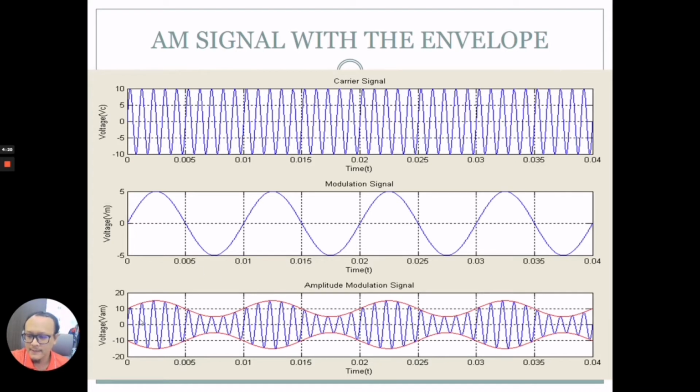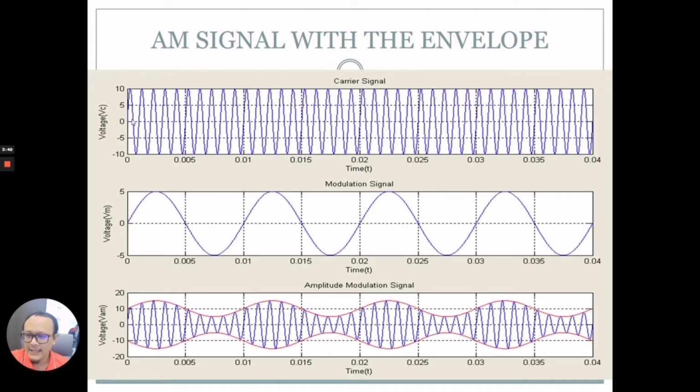The red wave here is the modulating signal, while inside of this is the carrier signal. If you compare both, the carrier signal has a higher frequency compared to the modulating signal, because one cycle of the modulating signal is very wide compared to one cycle of the carrier signal.